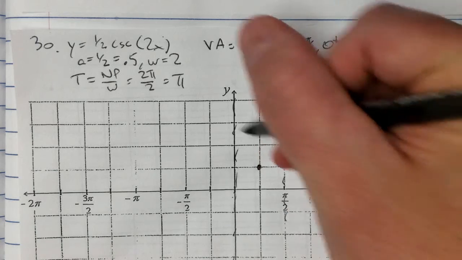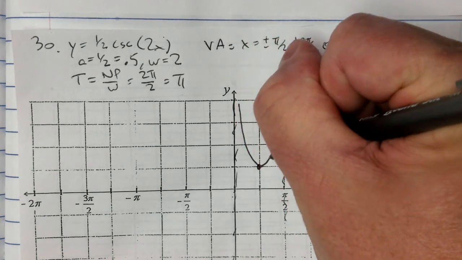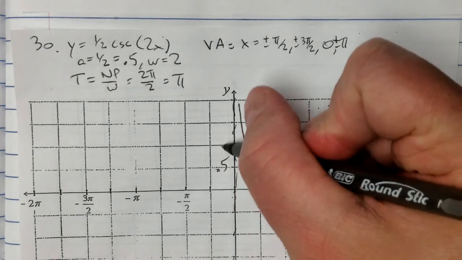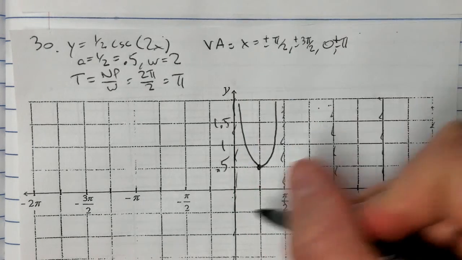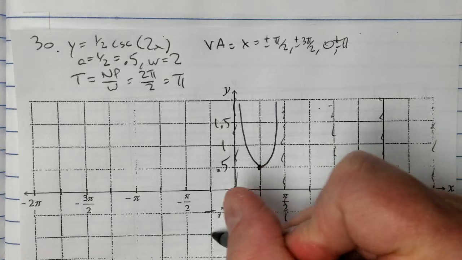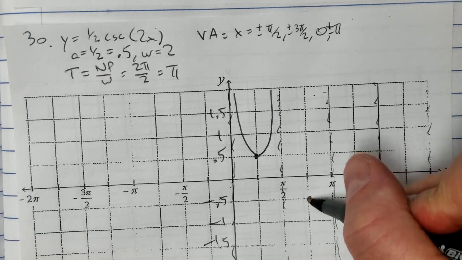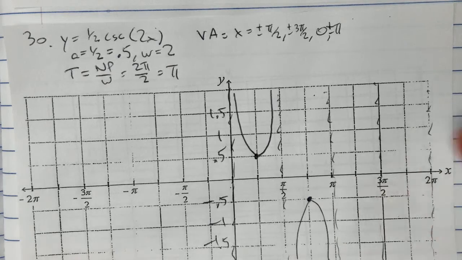Sort of like you put a dot here, and let's see, our part is going to be 0.5 still. Negative 0.5, negative 1, negative 1.5. And so at this one, it's going to be down.